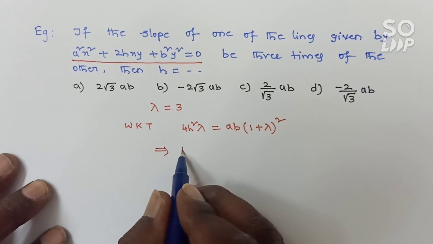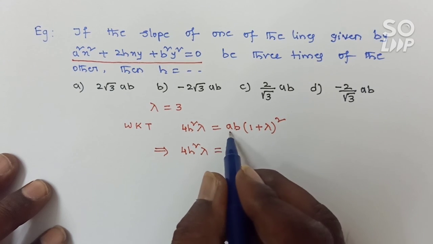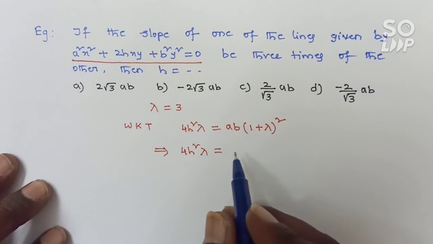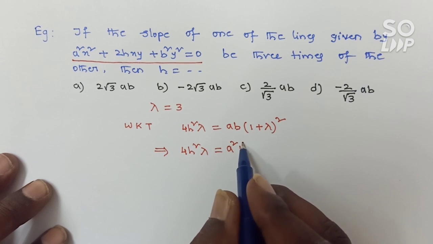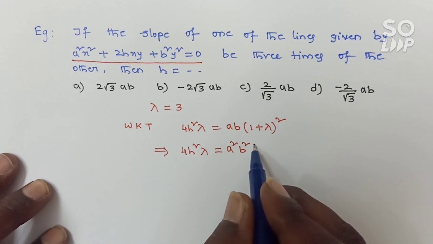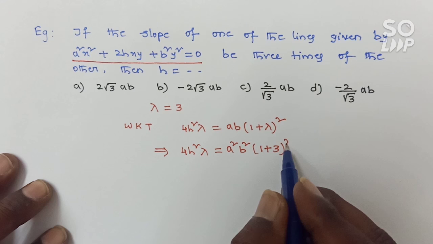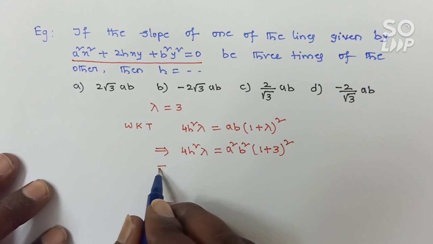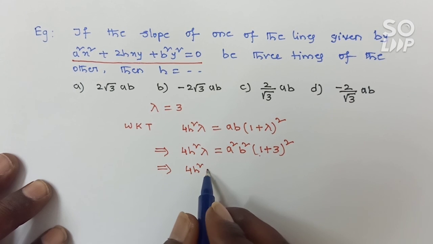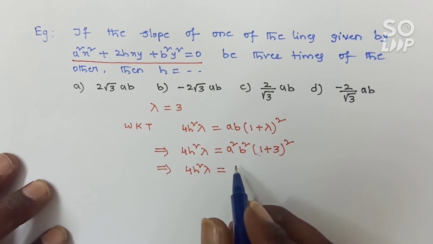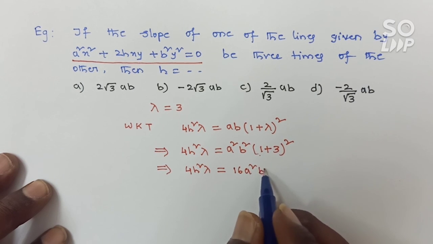That implies 4h square into lambda is equals to a, that is x square coefficient, a square, b is the y square coefficient, b square, into 1 plus 3 whole square. 1 plus 3 whole square is 16. So 4h square into lambda is equals to 16 into a square into b square.